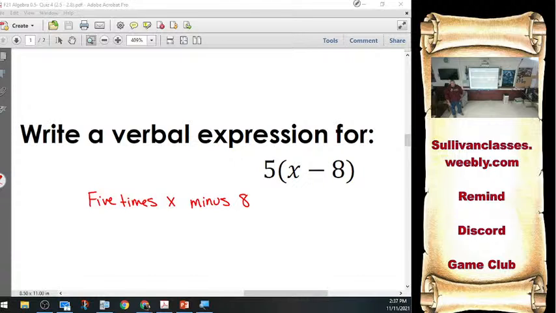Because, aren't I multiplying by the entire thing, x minus 8? Right now, this might read as 5 times x minus 8. This is 5x minus 8. How do I fix that? Although, you know what?